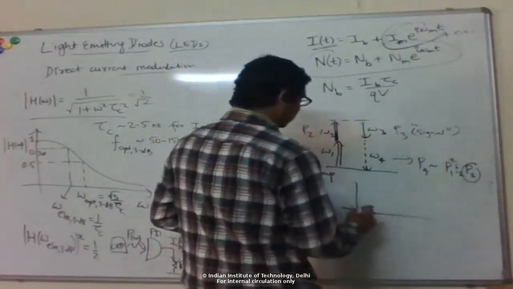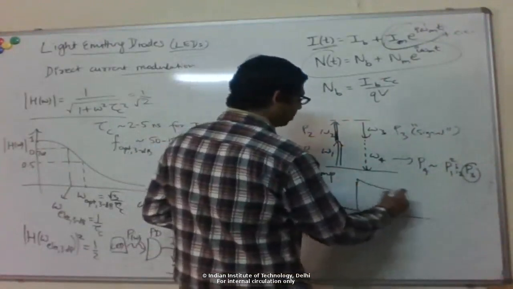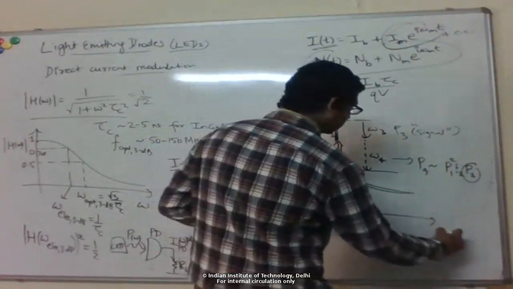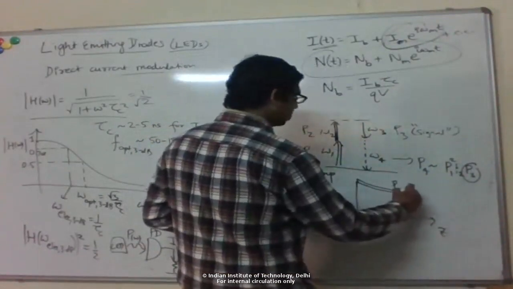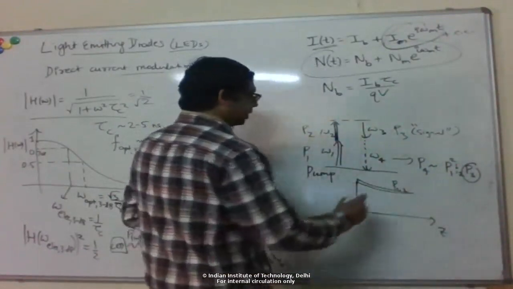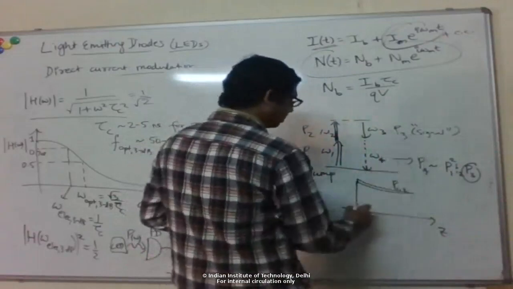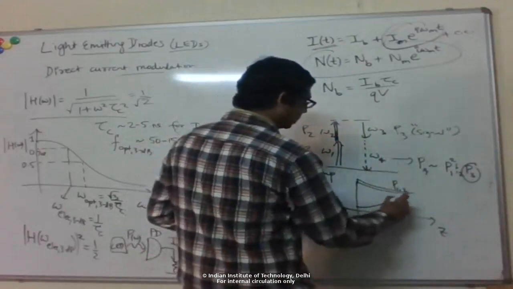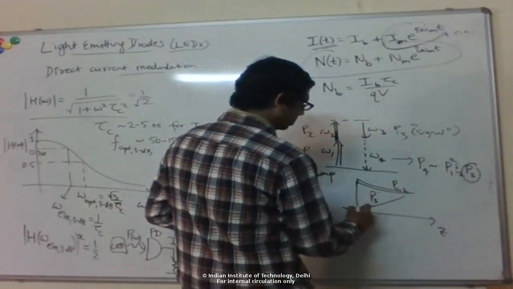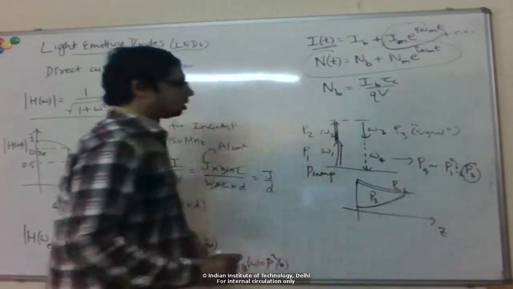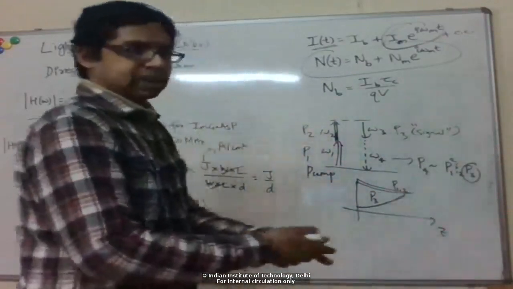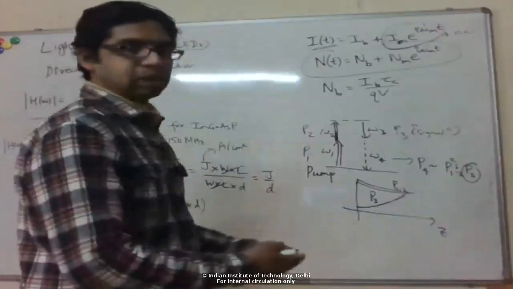Let's say P1 and P2 are much stronger. So as a function of propagation distance, let's say P1, P2 are like that. Let's say I launch some small P3 power here, so that gets amplified, right? So I launch some small signal at the input.